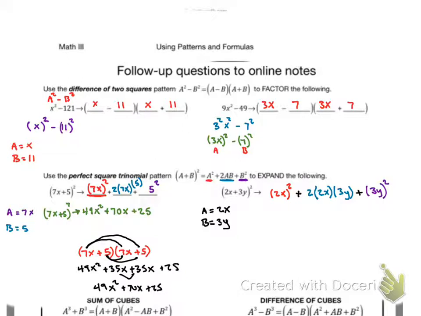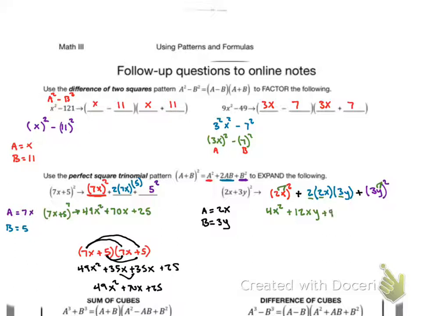So now we've got to simplify this out. 2 squared, x squared. That gives me 4x squared. 2 times 2 is 4. 4 times 3 is 12. X times y, we just bring that down, xy. And then finally 3 squared, y squared.